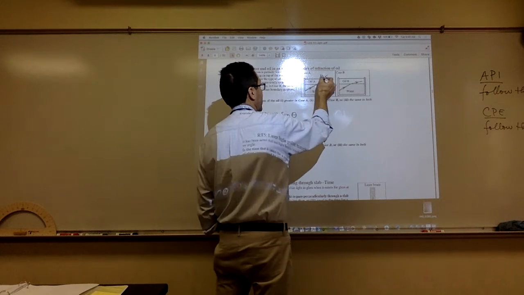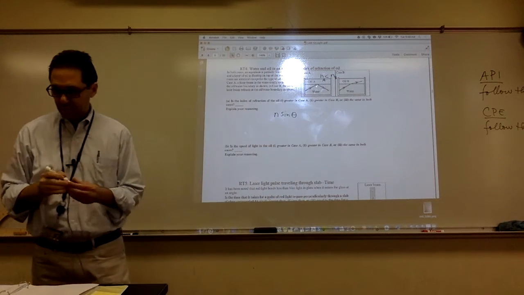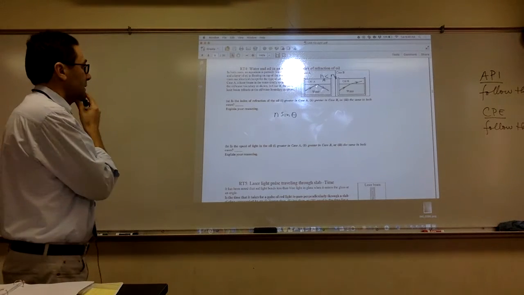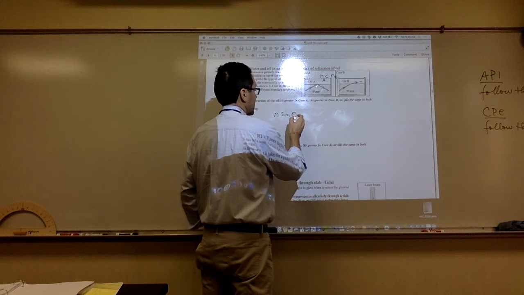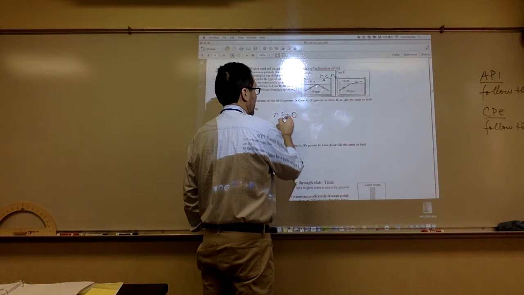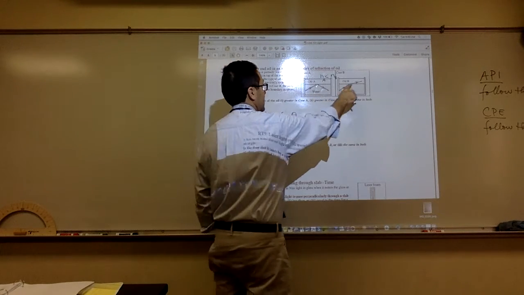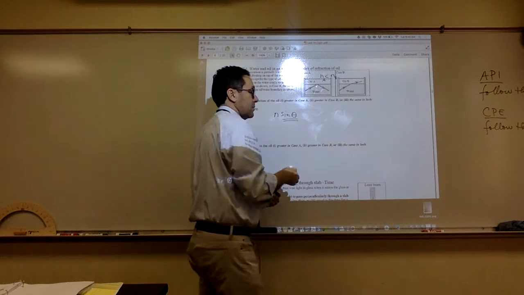So n for A is less than n for B. So the index of refraction for case B is bigger. And I hope you can see that, because it all depends on which one sees its theta increase faster. This one is still not at 90. This one has already reached 90 and passed it.